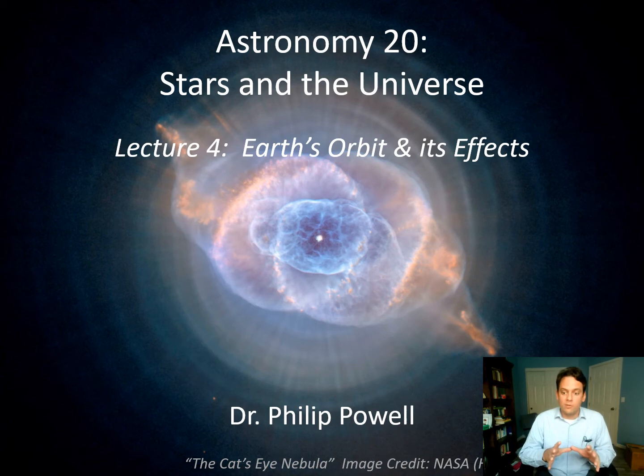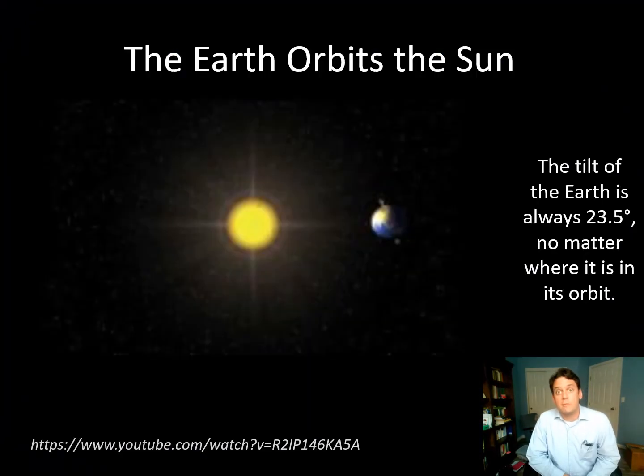So today we're going to focus on the Earth, on its orbit, and what effects that orbit has on the observations we make. As you probably know, the Earth orbits the Sun. And as I just claimed, this fact alone is significant enough that it impacts what we observe, not only in our immediate environment in the solar system, but also the appearance of relatively near or local stars.